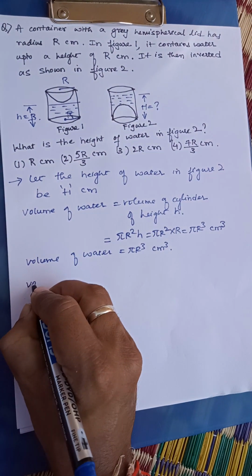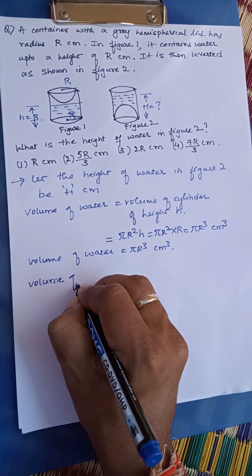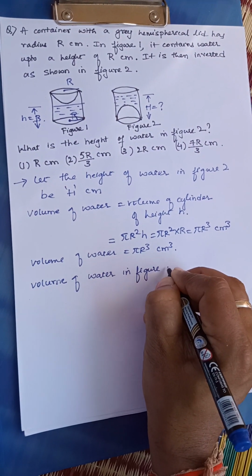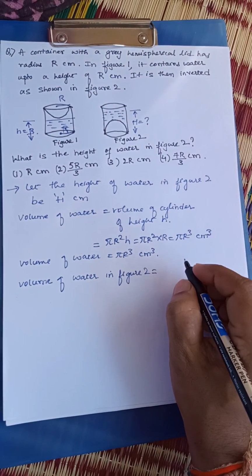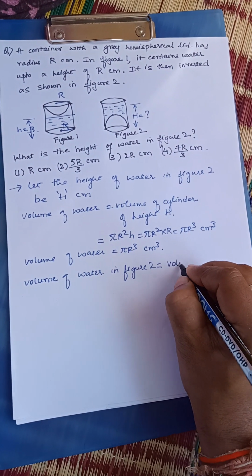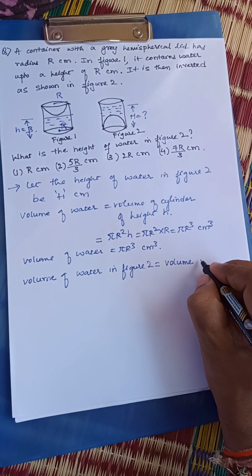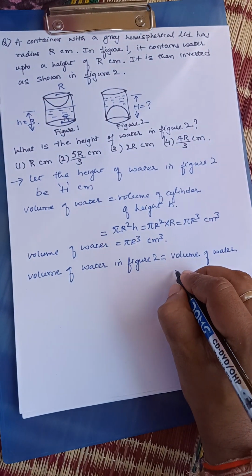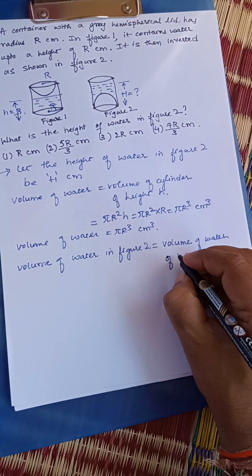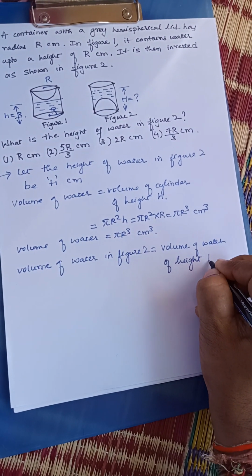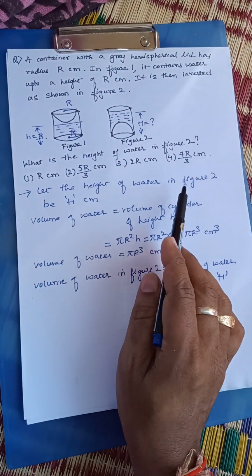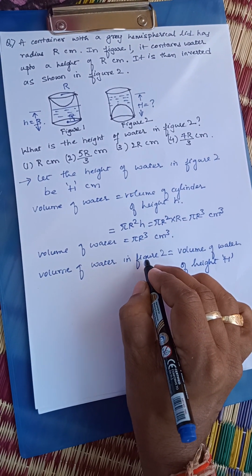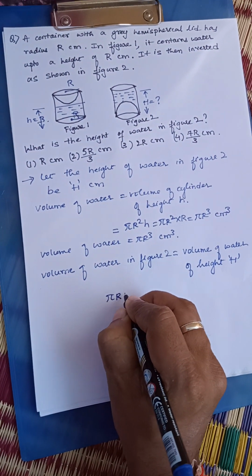Now volume of water in figure 2 will be equal to volume of water up to, or volume of water of height h. Now what is h? I've already told, it is the height of the water in figure 2. Volume of water remains same, so therefore volume of water in figure 2 will be pi r cube centimeter cube itself.